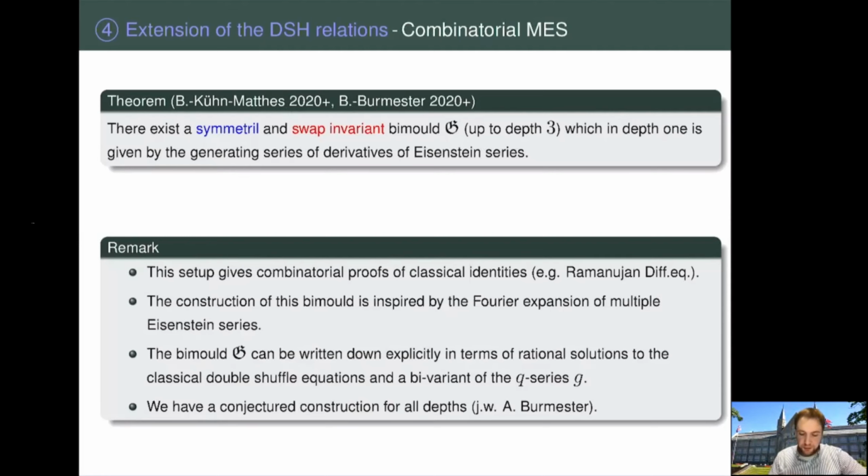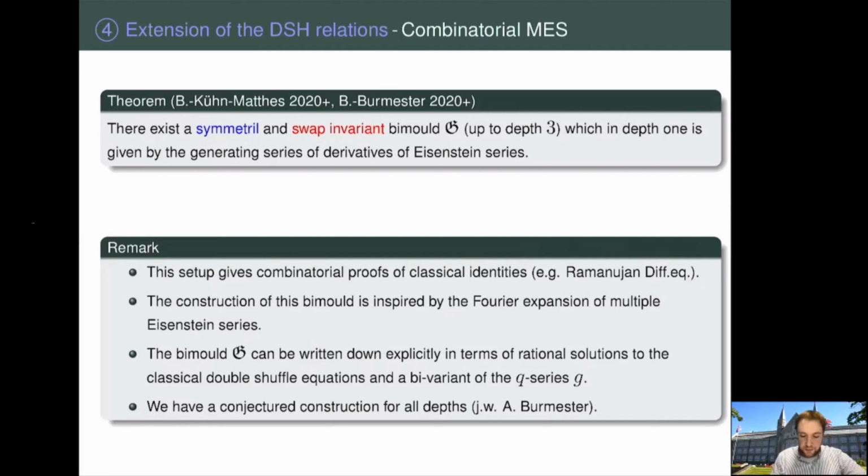And for example, this setup can be used to prove identities among modular forms or quasi-modular forms in a purely combinatorial way. For example, a symmetrical and swap invariant B-mold can be used to prove these Ramanujan differential equations, or to prove that every modular form is a polynomial in G4 and G6.